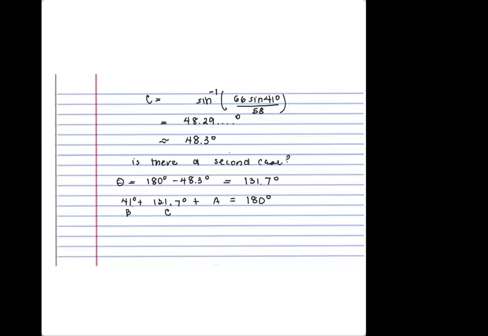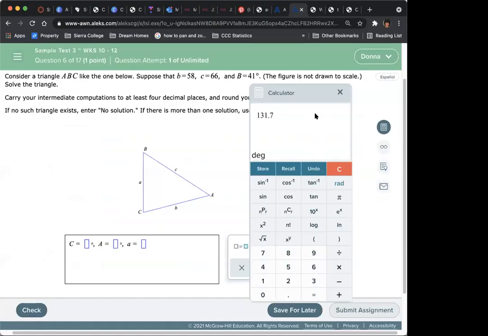So let's go to the calculator and add those up: 41 and 131.7. It's possible. You get 172.7.